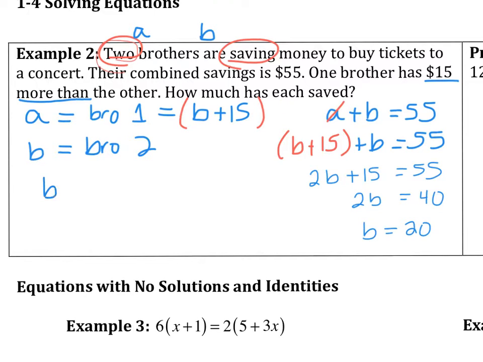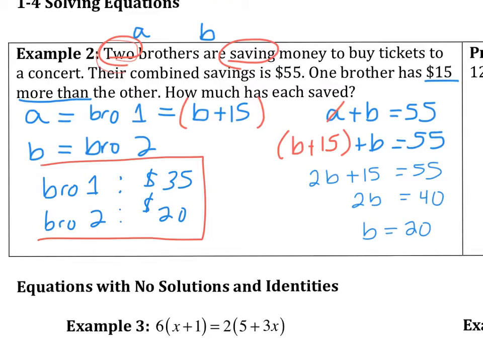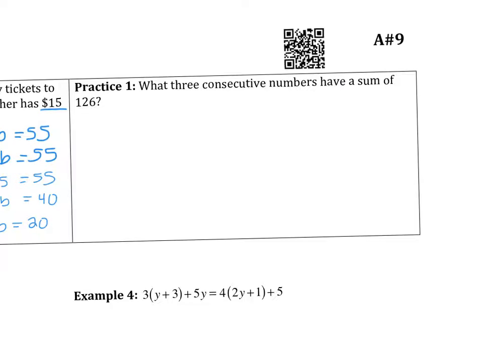So it looks like brother 1 saved $35 and brother 2 saved $20. Now real quick, I'm committing to this as an answer, so when you commit to it, put a ring around it. Or box. How do we know we're right?